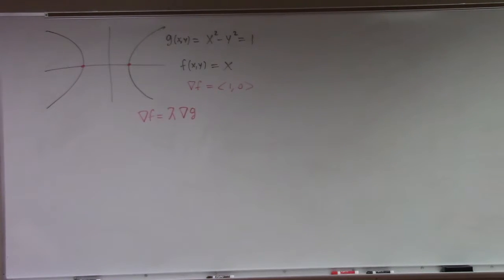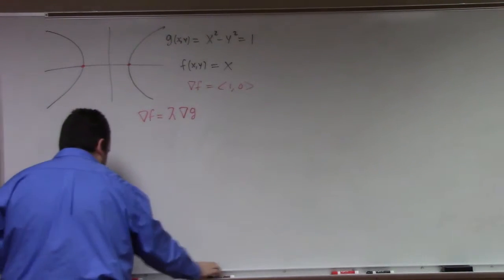You could trick yourself into thinking that minus 1 is the minimum and 1 is the maximum for x on the hyperbola, and you'd be so very wrong. The method of Lagrange multipliers is only safe for compact curves. Because what values does x take on the hyperbola? Anything outside of 1 and minus 1: 2, minus 27, whatever.